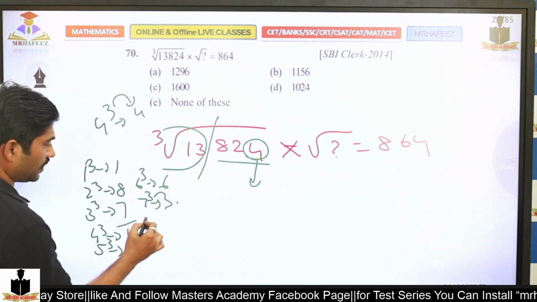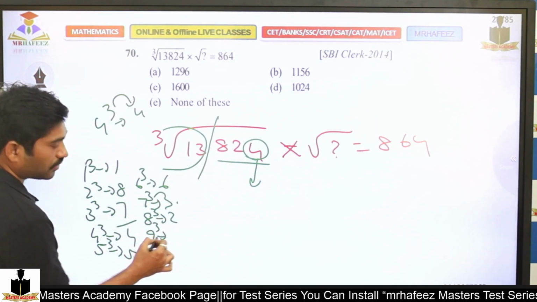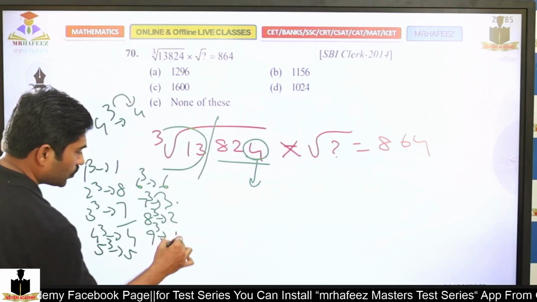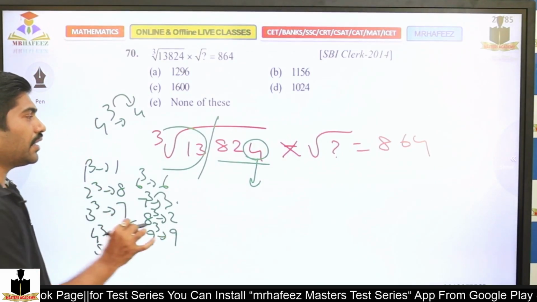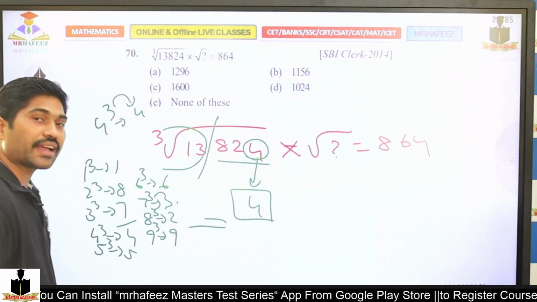And 8 cube is 2. What is 9 cube? 9. So for the unit digit 4, it is only 4. The other should be calculated.